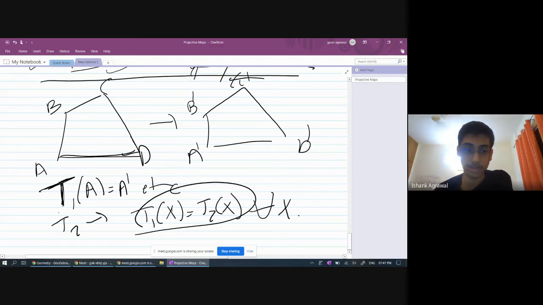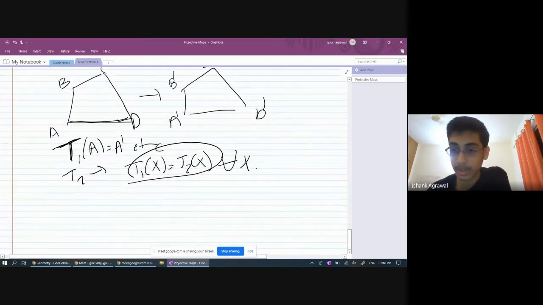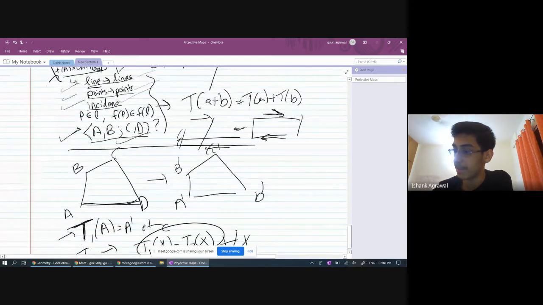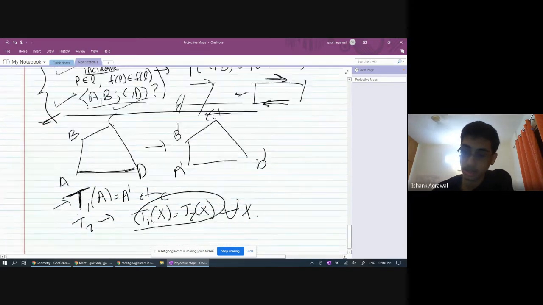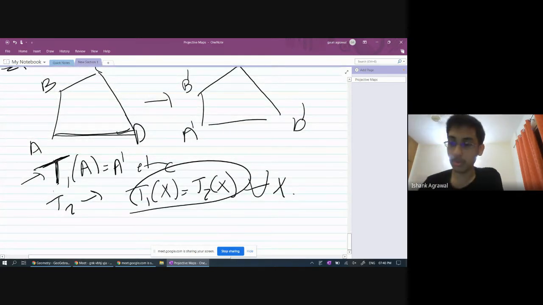That's the question. So anybody want to try this? I'll give you 5 minutes. This is true if T1 and T2 are maps that preserve all 4 of these.